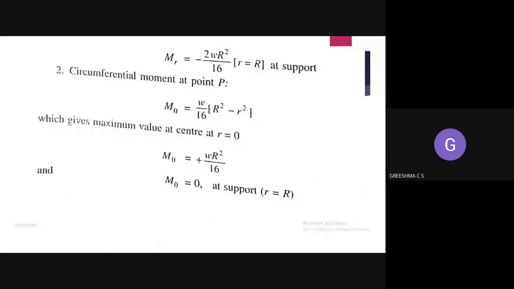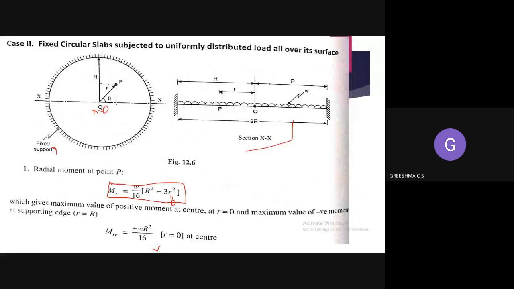Okay, so here at the fixed supports there is also negative moment. In the simply supported case, at the supports you do not have moment; moment is 0. But in the case of a fixed support, even if it is small, you will have moment. The maximum will always be at the center, but at the supports also there will be moment.